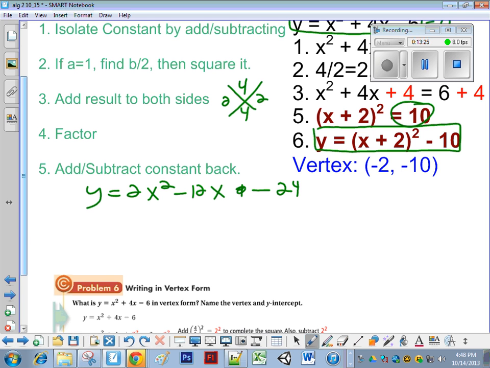All right? So in this case, we got to do a couple different things. I'll set it equal to 0 to start to help. So now I have 2x squared minus 12x equals 24.